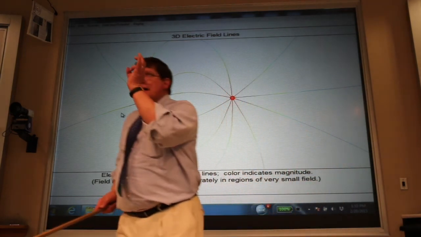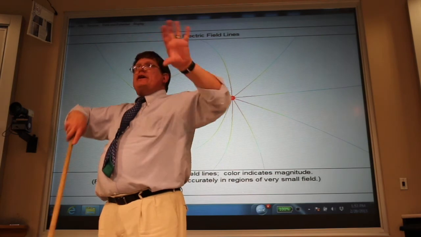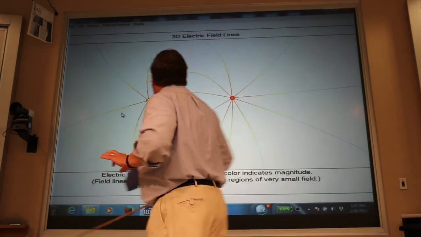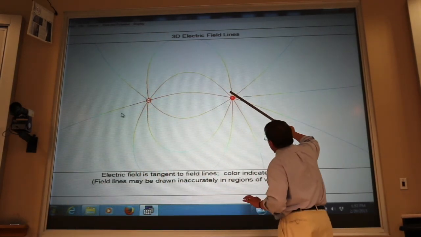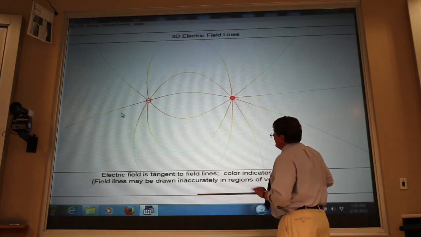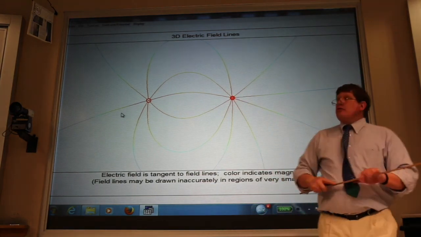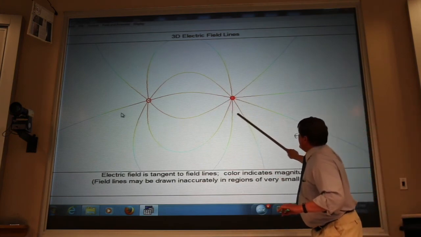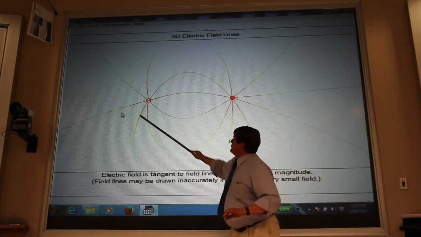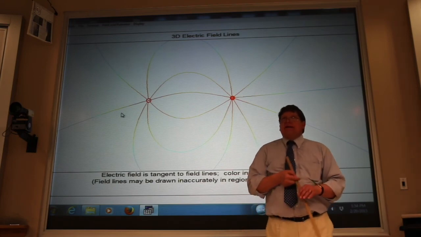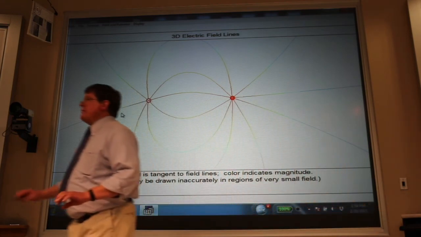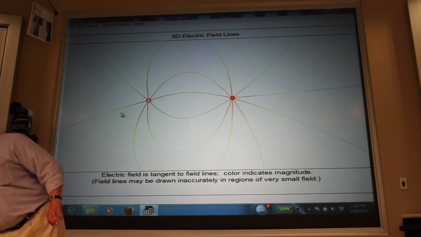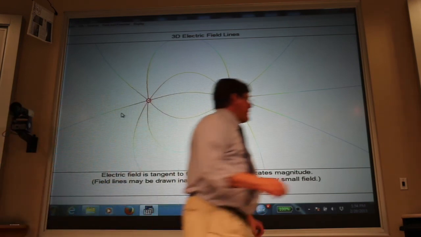And if I've got a point source, the field should be radially symmetric, meaning I should get the same strength here as I do there if I'm the same distance away. If I make these symmetric around the sources, then my field lines tell me not only the direction of the electric field, but the relative magnitude.